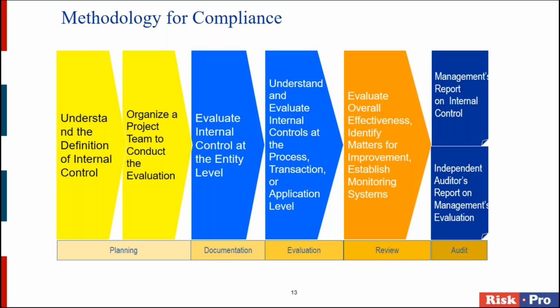Then we evaluate overall effectiveness, identify methods for improvement, and establish monitoring systems to ensure that these issues are fixed. Then finally is the management report on internal control and the independent auditor's report on management.